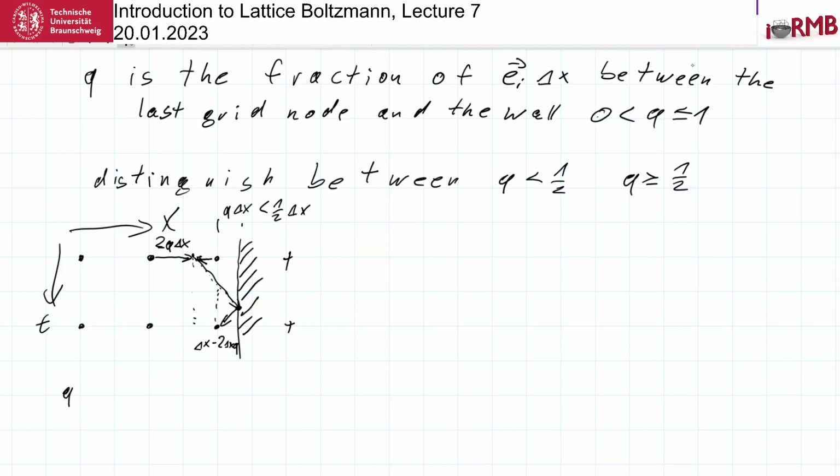So for q smaller than 1/2, do linear interpolation of f_i(x, t plus delta t). So this is just the, what is it called, the Waage.